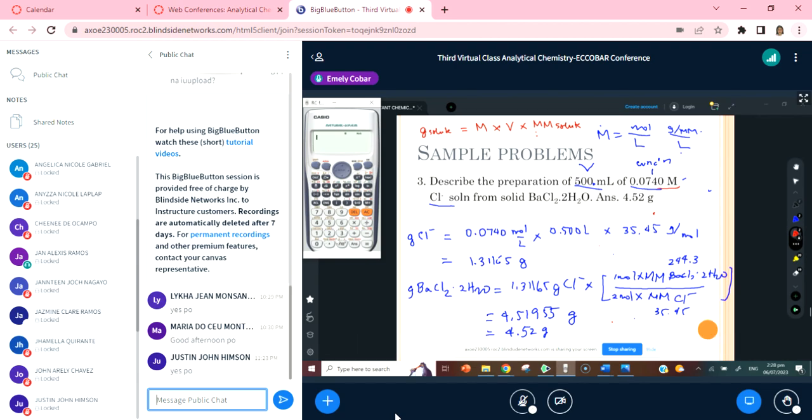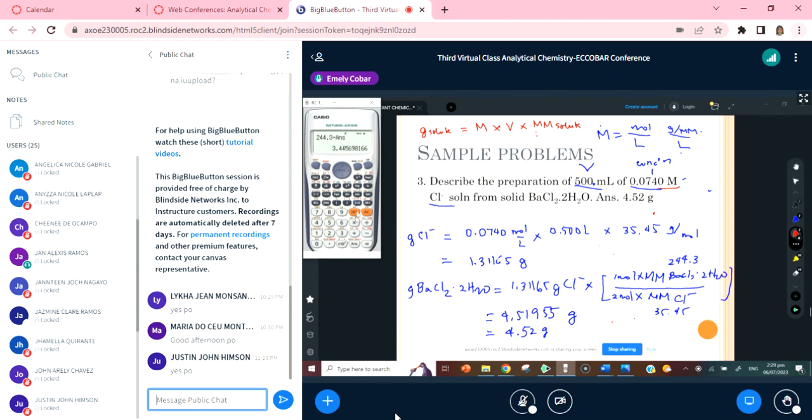Let's start with the denominator: 2 times 35.45. That's the denominator. And then 244.3 divided by our answer from earlier.